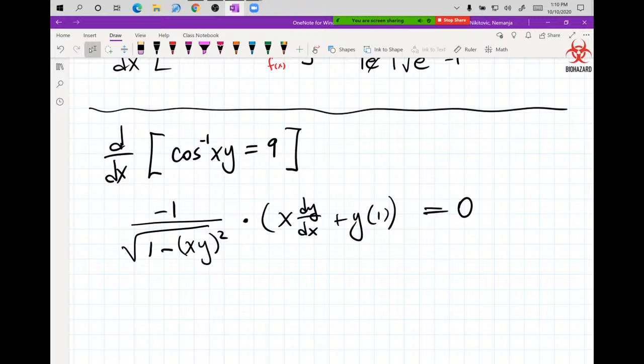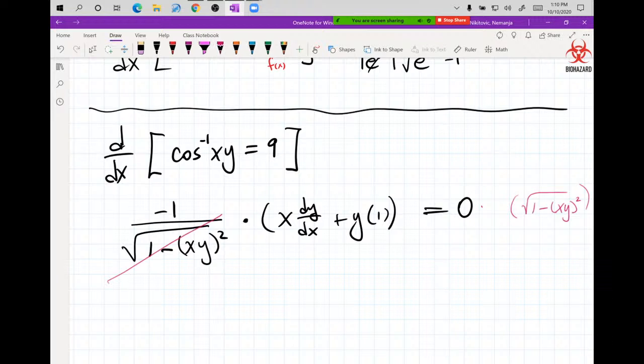Now, when you have implicit differentiation and you have a constant on this side, you should be doing the little woohoo, right? Because if you multiply the entire equation by the square root of 1 minus xy squared, it will just cancel here, and this multiplied into 0 still stays a 0.